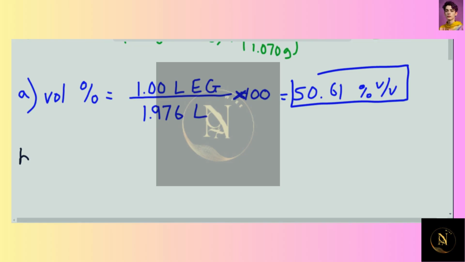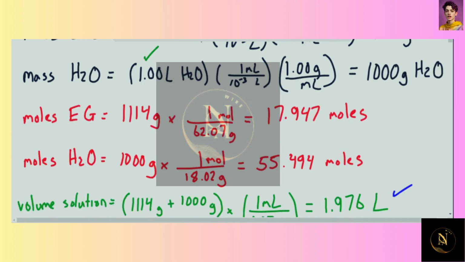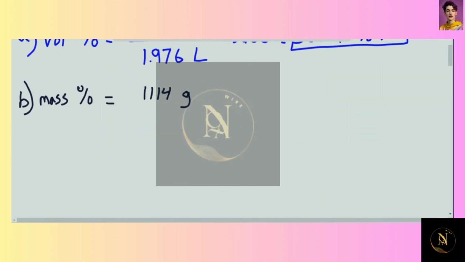The second is mass percent. Our calculated mass of ethylene glycol was 1114 grams, and then our total mass would be 1114 plus the 1,000 grams we calculated for water.